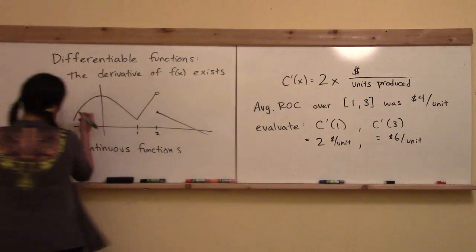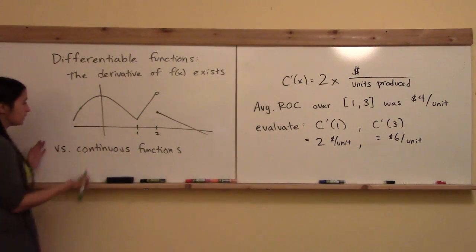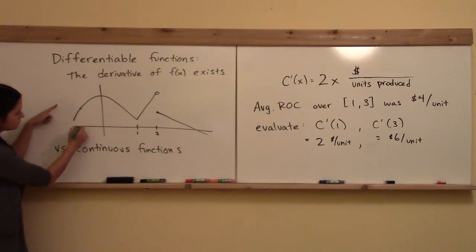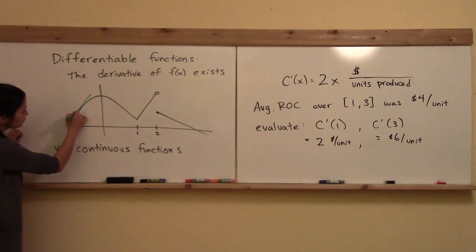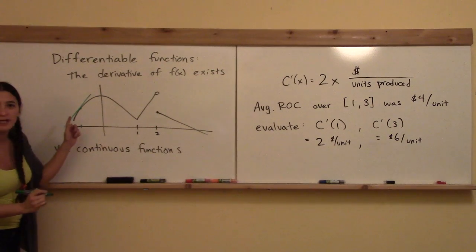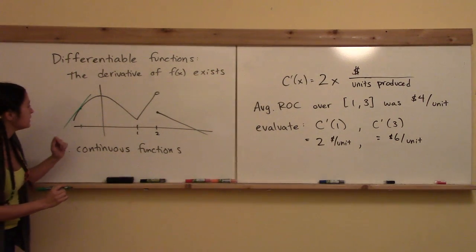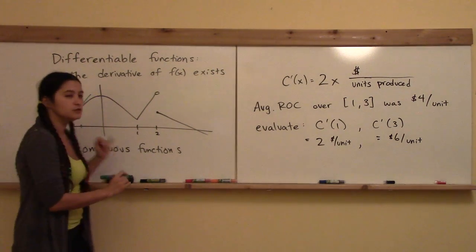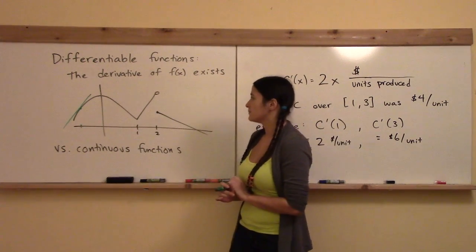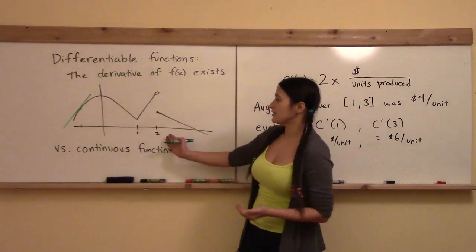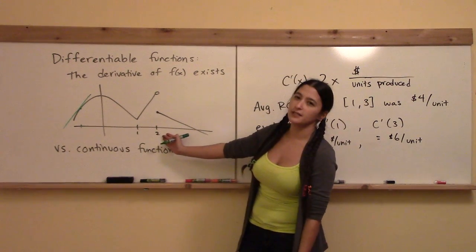So let's consider this point over here. If I want to draw the tangent line at this point, I can just draw one line that's just touching that point. It doesn't touch any other points, and it is the one single unique line that's tangent to that point of the function. Now let's go to this part right here, which is a non-continuous point.